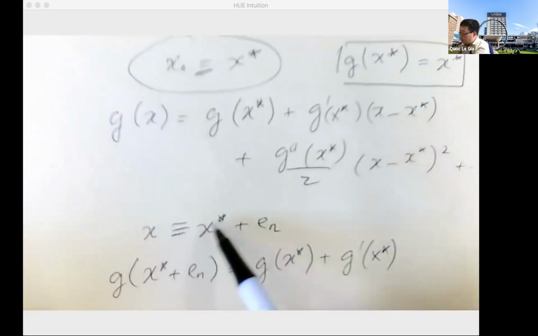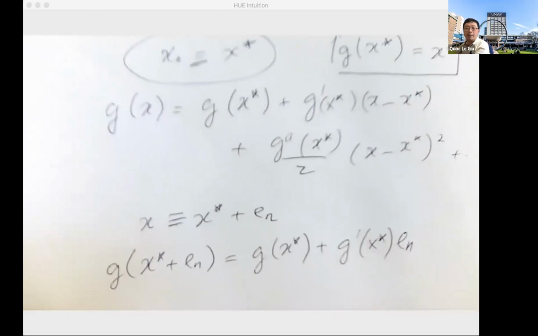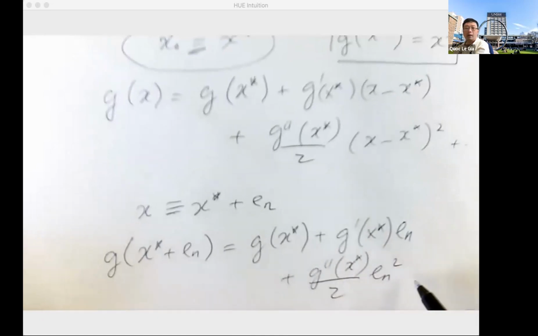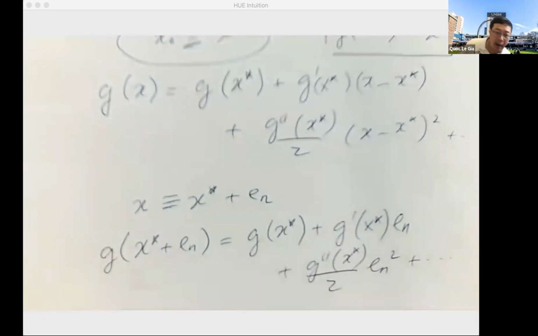Well, x minus x star is just en, by this relation. And the second one is g double prime(x star) divided by 2 times en squared, dot dot dot. So that's exactly what I have in the slide. Now you got it, right?